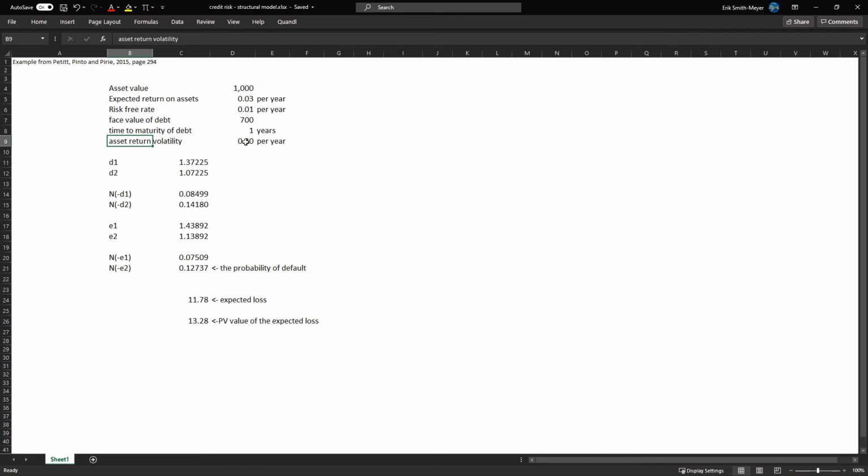So now we can use the Black-Scholes formula, and we can compute D1.